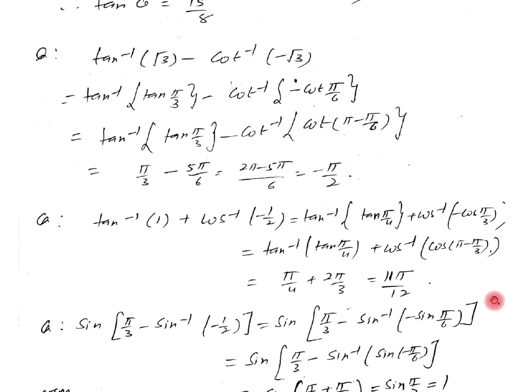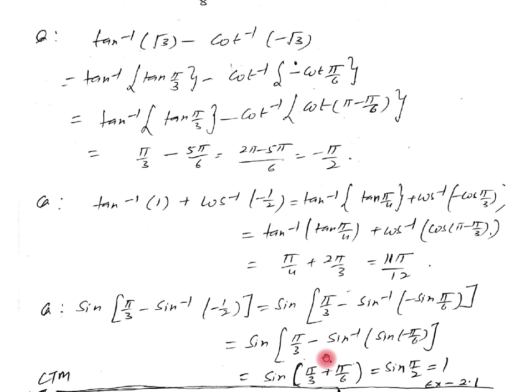In every question you can easily write down the range of whichever inverse trigonometrical function we are considering in the question. Now here sin pi by 3 as it is minus sin inverse. Again it can be written as sin of minus theta is minus sin theta. It can be written as sin inverse of sin of minus pi by 6 to get the required range.